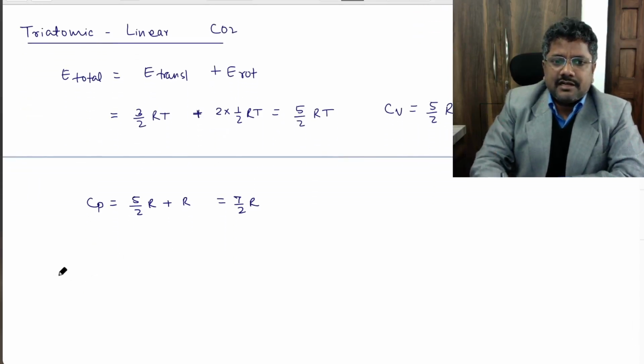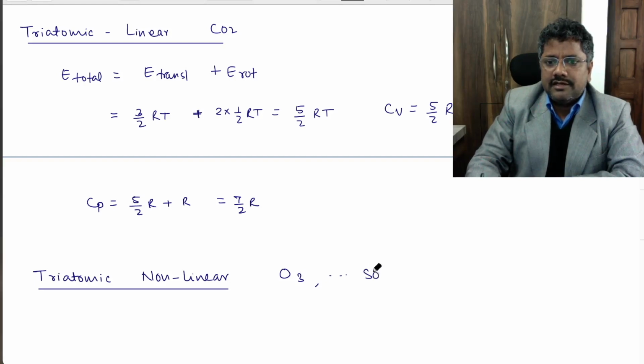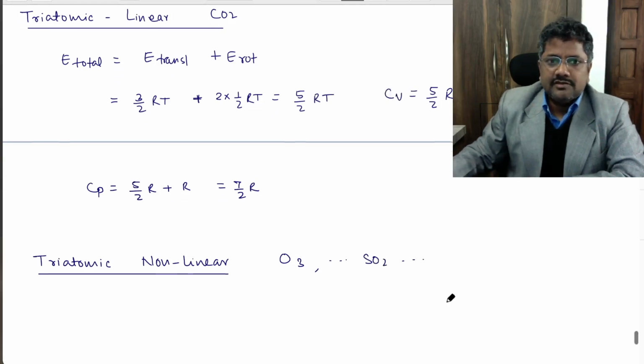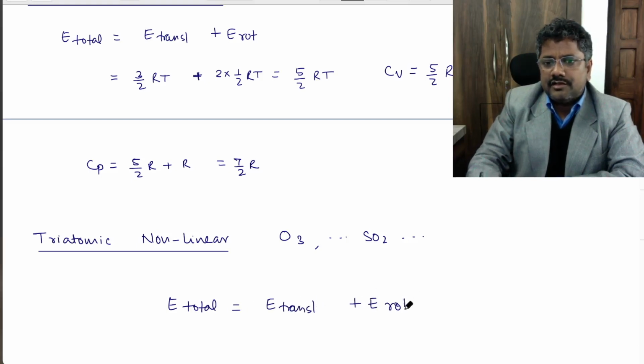And triatomic non-linear, like ozone, sulfur dioxide, etc. So for this, E total is equal to E translational plus E rotational.